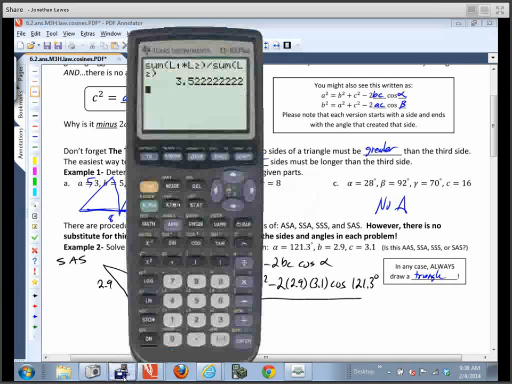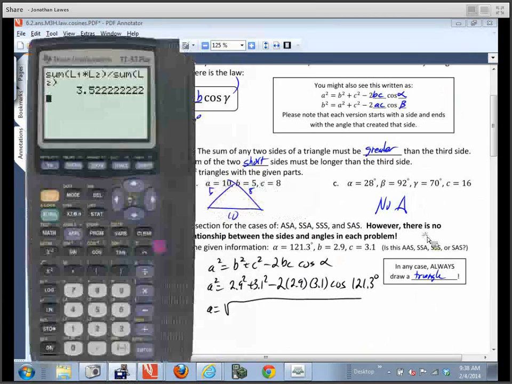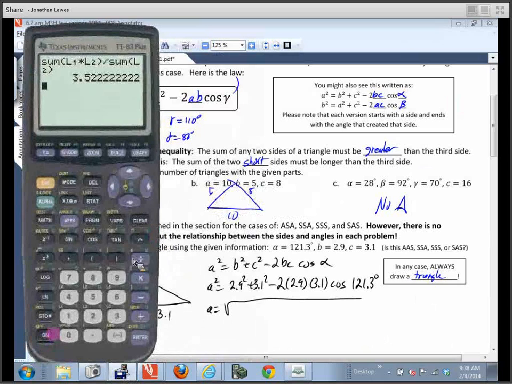So I'll grab the calculator, you grab your calculator. Let's punch this stuff in here. So I'm just going to do a big square root, 2.9 squared plus 3.1 squared minus 2 times 2.9 times 3.1 times the cosine of 121.3.